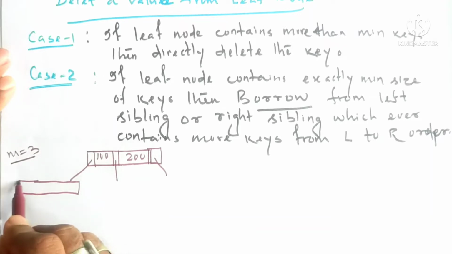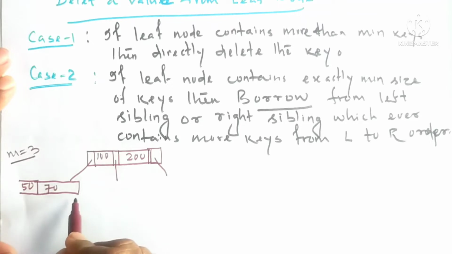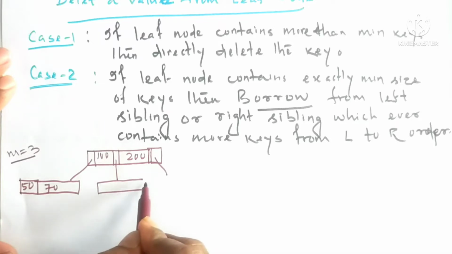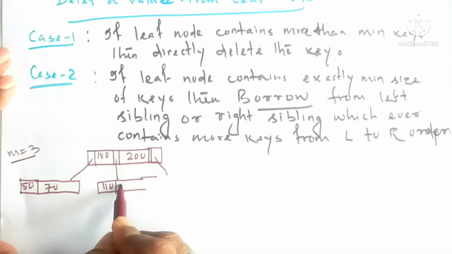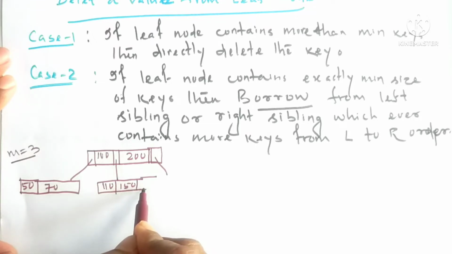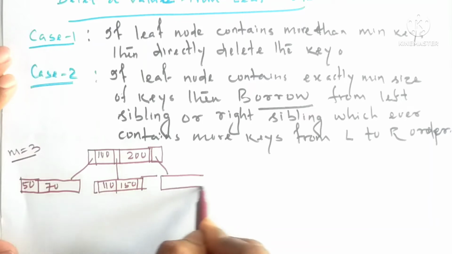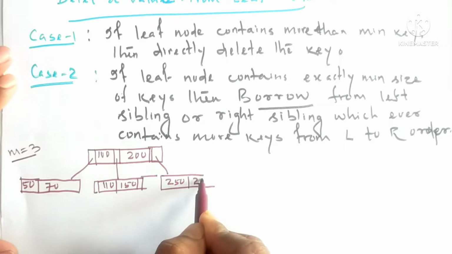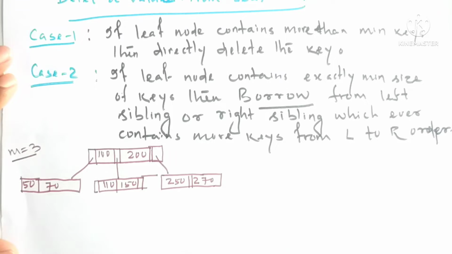Suppose I have the values 50 and 70 here, and here I have 150 between 100 and 200, and this node contains 250 and 270.